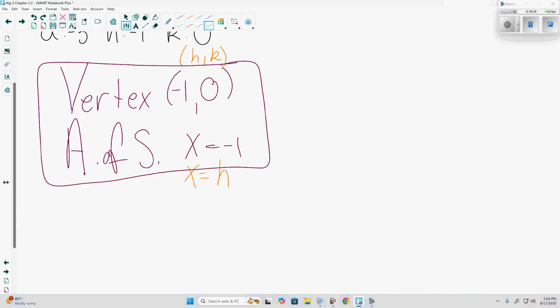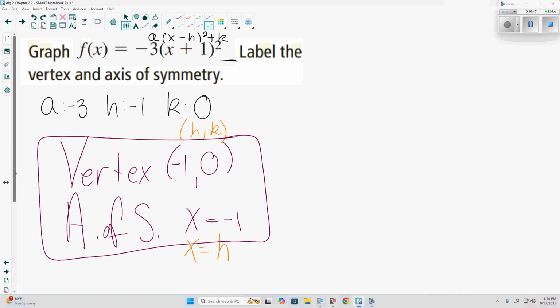Axis of symmetry, what's h? No, it's just the axis of symmetry, x equals h. So once we have the value of h, we replace it with its value, guys. Questions on this here? Does that make sense?